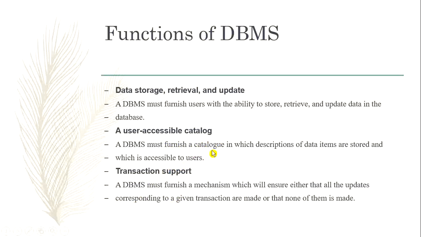A system catalog may include the name, data type and size of the data items that are stored in our database, names of the relationships, information about different data constraints, then the information about the users' authorization, that is, which users are allowed to access the database, then the access control, that is, what kind of users are allowed to access what kind of data.